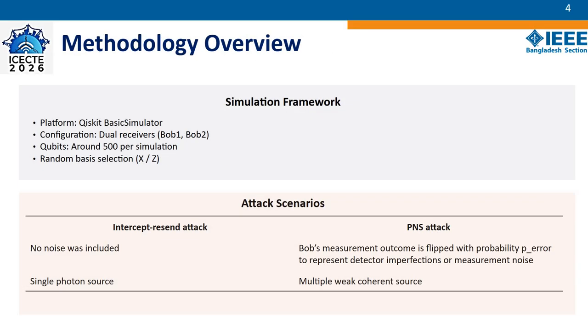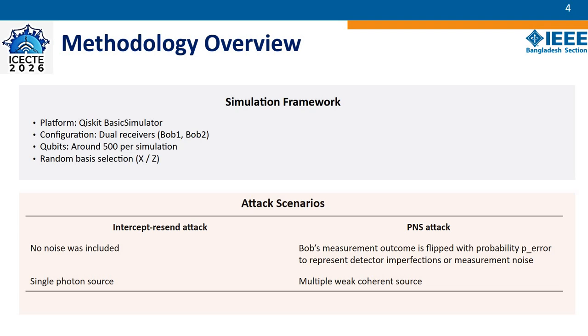Our simulations were conducted using Qiskit basic simulator. Key features of the methodology include over 500 qubits per simulation run, random basis selection using X and Z bases, and a dual receiver configuration where Alice sends identical quantum states to Bob1 and Bob2.